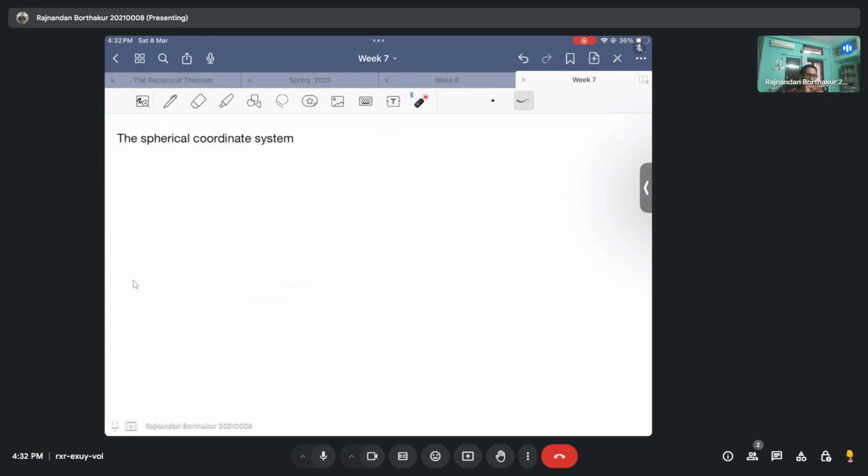Okay. But before that, in order to make you feel more comfortable with the solution, we'll need to understand something known as the spherical coordinate system. So in today's class, before ending, I will quickly give you a heads up of how the spherical coordinate system essentially operates.